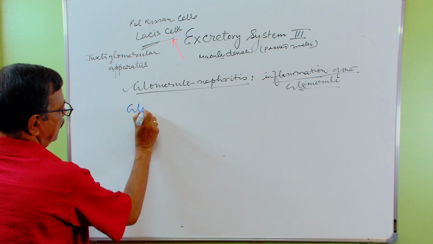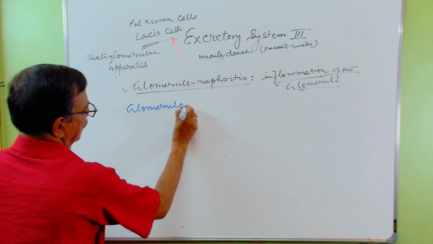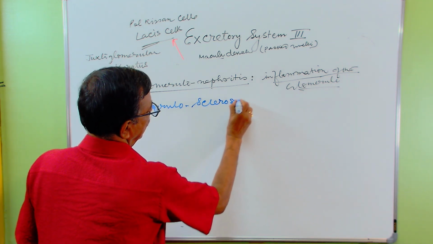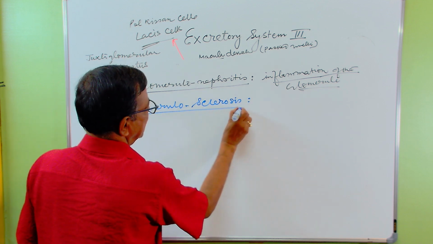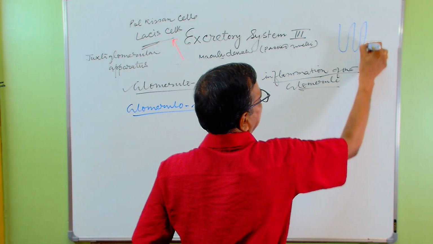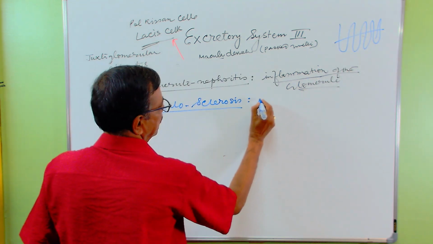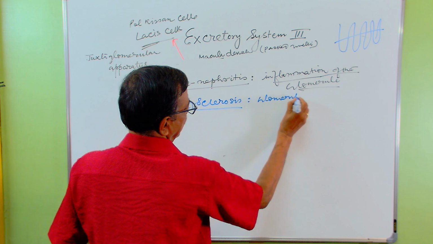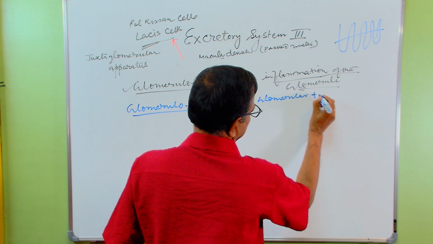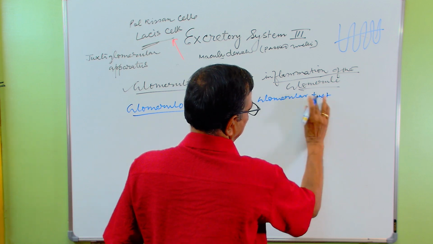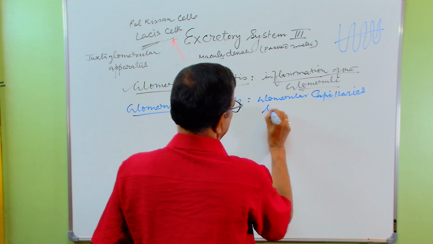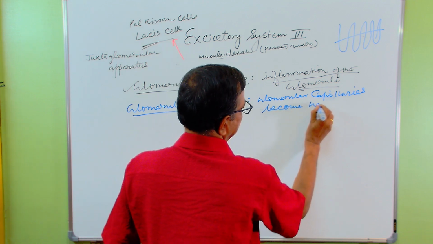Again, glomerulosclerosis. This is a condition where the glomerular tuft, or glomerular capillaries, becomes rigid, hard.